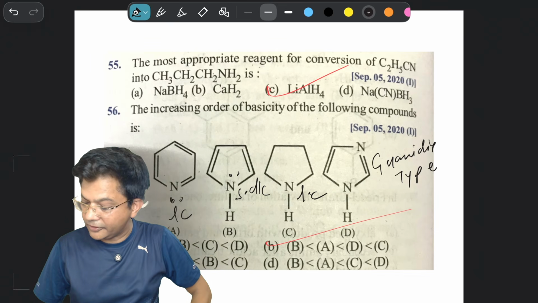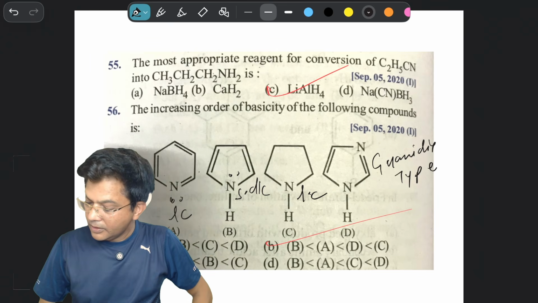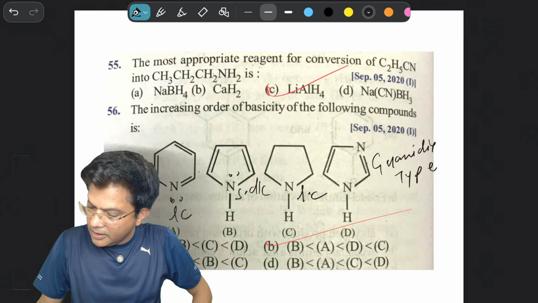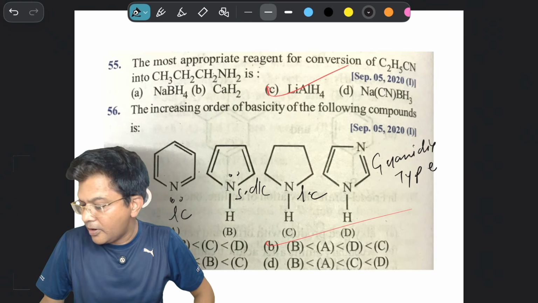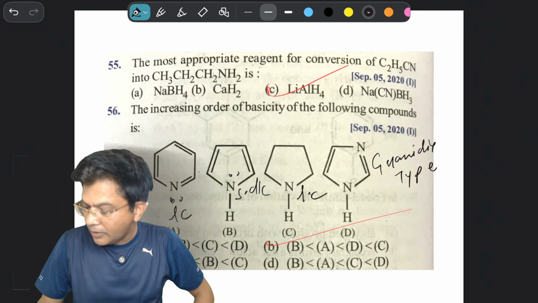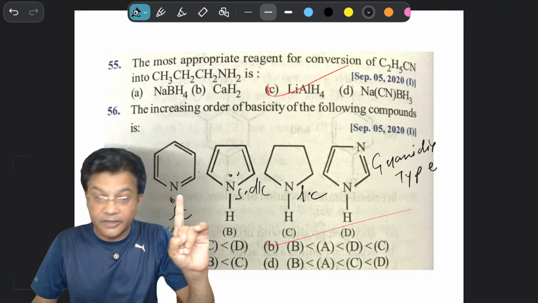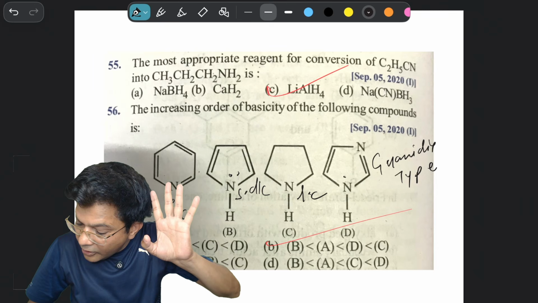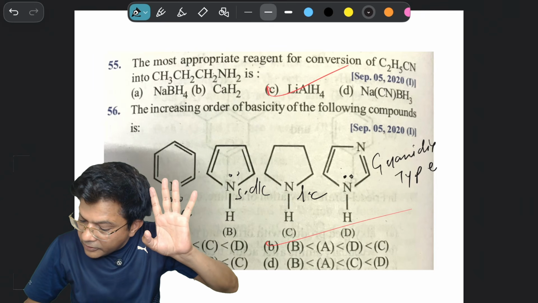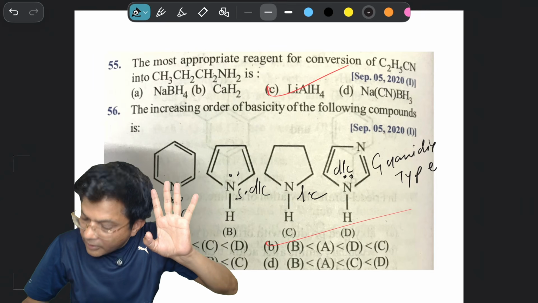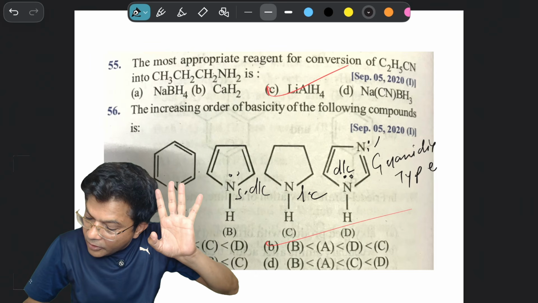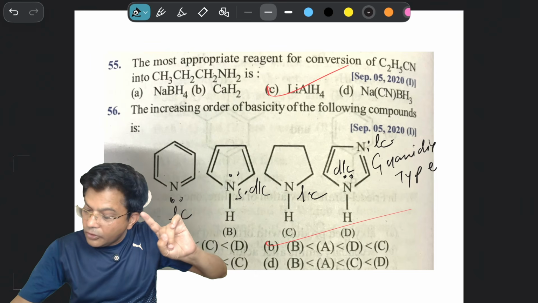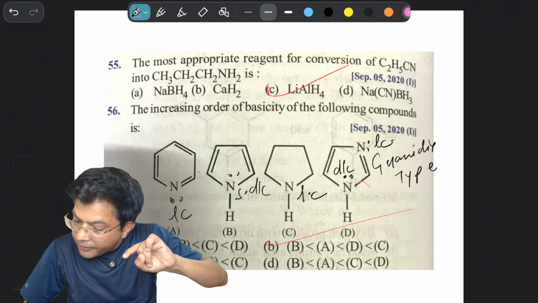Increasing order of basic strength. C double bond N, oh ho ho, C, but it is guanidine type, it got failed. See, its lone pair is delocalized, its lone pair is localized and its lone pair is involved in aromaticity.